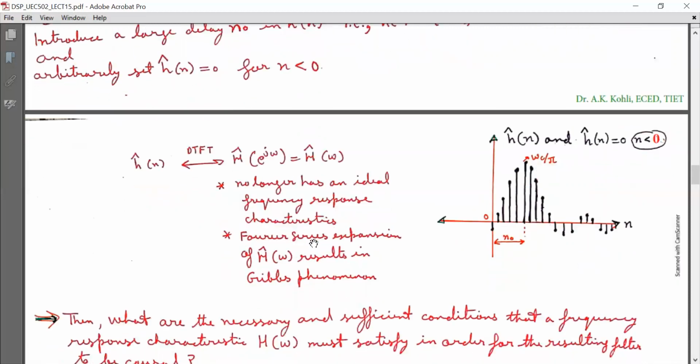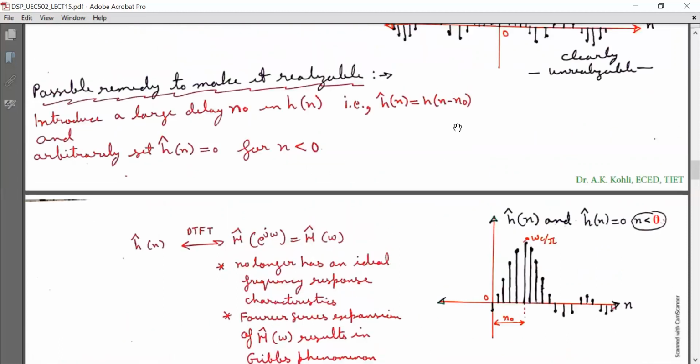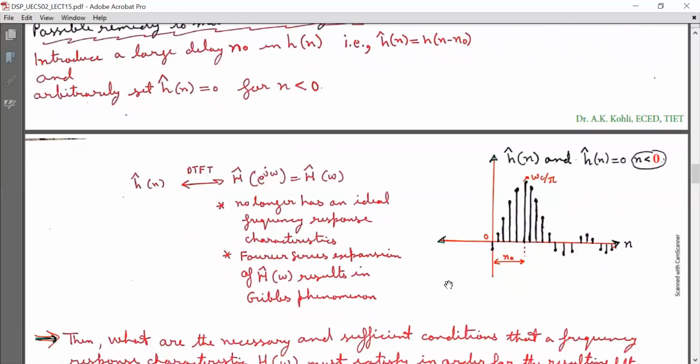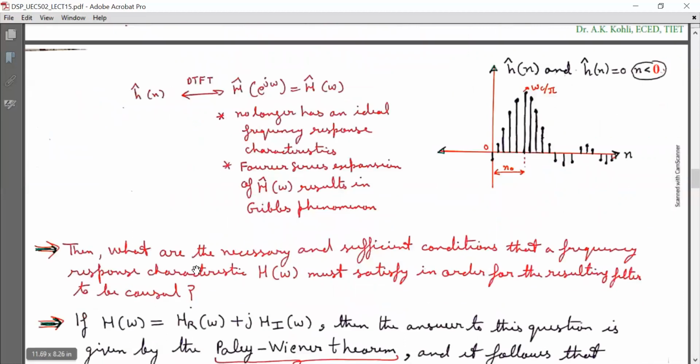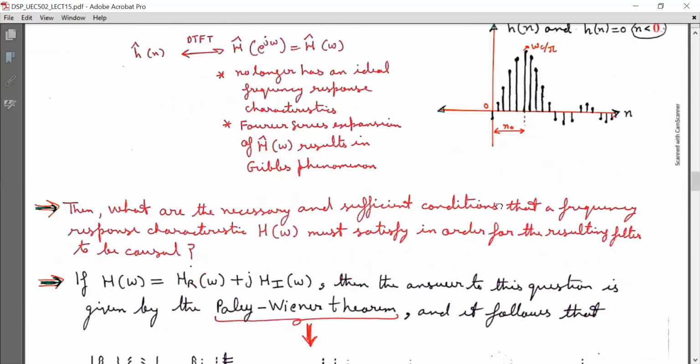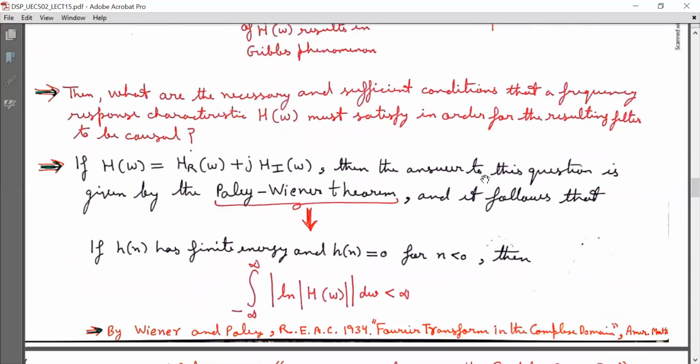The Fourier series expansion of h cap(omega) results in the Gibbs phenomenon because we have truncated h cap(n) arbitrarily. Then what are the necessary and sufficient conditions that a frequency response characteristic H(omega) must satisfy in order for the resulting filter to be causal?